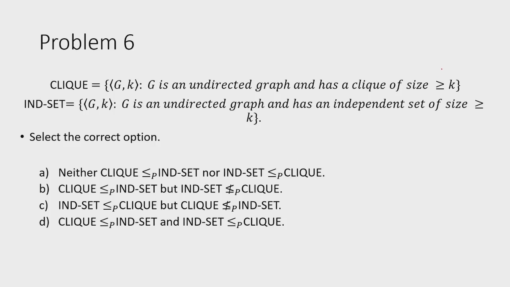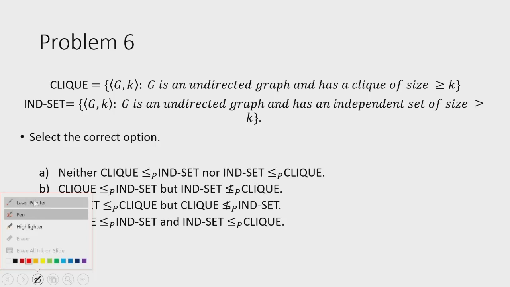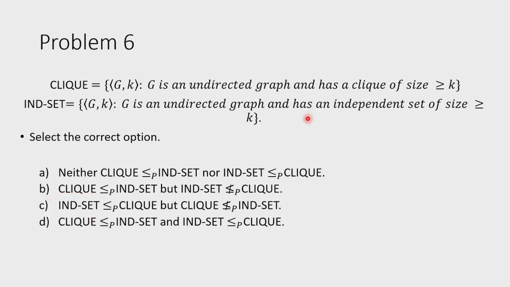It should be n minus k, I think. If you're seeking a clique of size greater than k, then the size of the independent set would be greater than or equal to n minus k. That is what I was thinking. But it's fine, we are not looking at the same graph, right? So these are two different definitions, and k can be different.